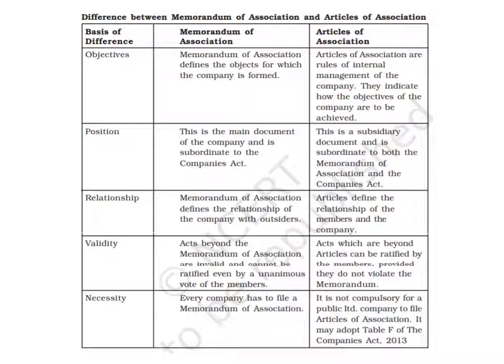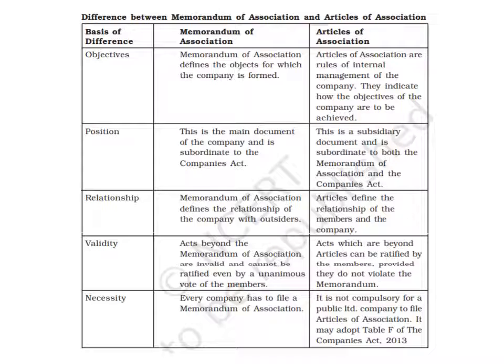Now we have studied the two main documents, that is memorandum of association and articles of association. See what is the difference between memorandum and articles of association. The memorandum defines the object for which the company is formed, and articles define the rules of internal management, how these objectives will be achieved.